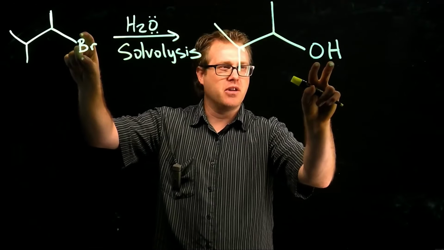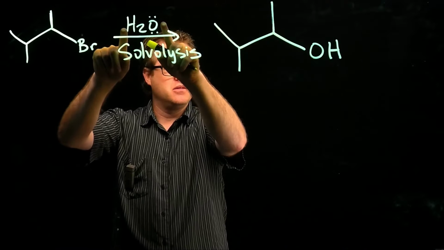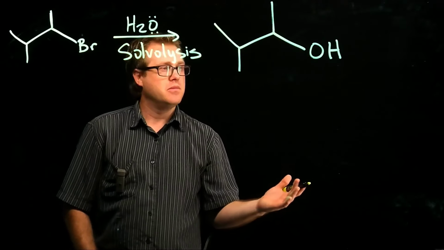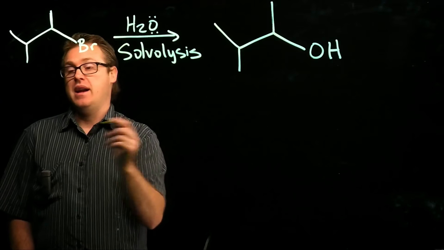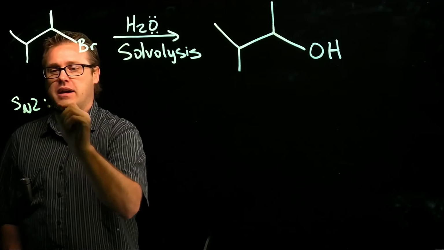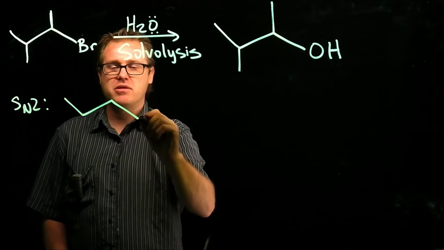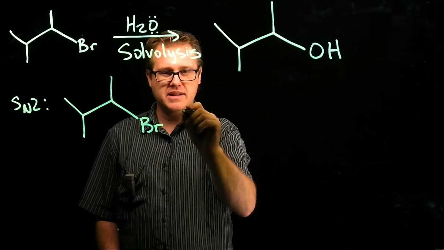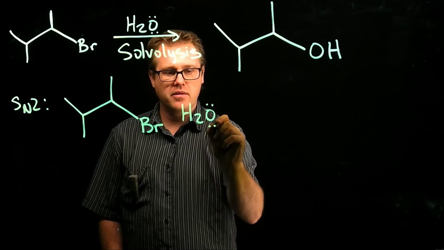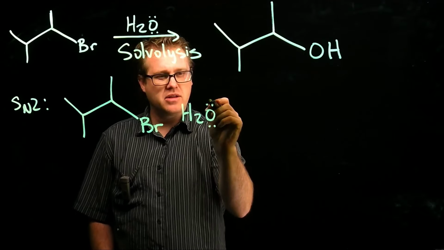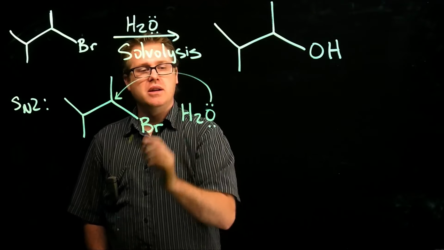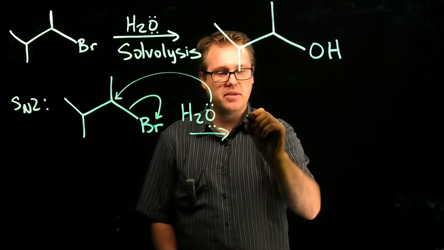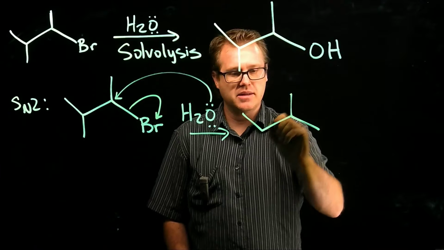Now, where did that OH come from? Well, it came from water. How did it come from water? If we take a look at a mechanism, let's invoke an SN2 mechanism to understand what's going on here. I could say we have water here, and I could say SN2. That means it attacks, backside attack, kicks that off all in one step, and then I'm going to get this.